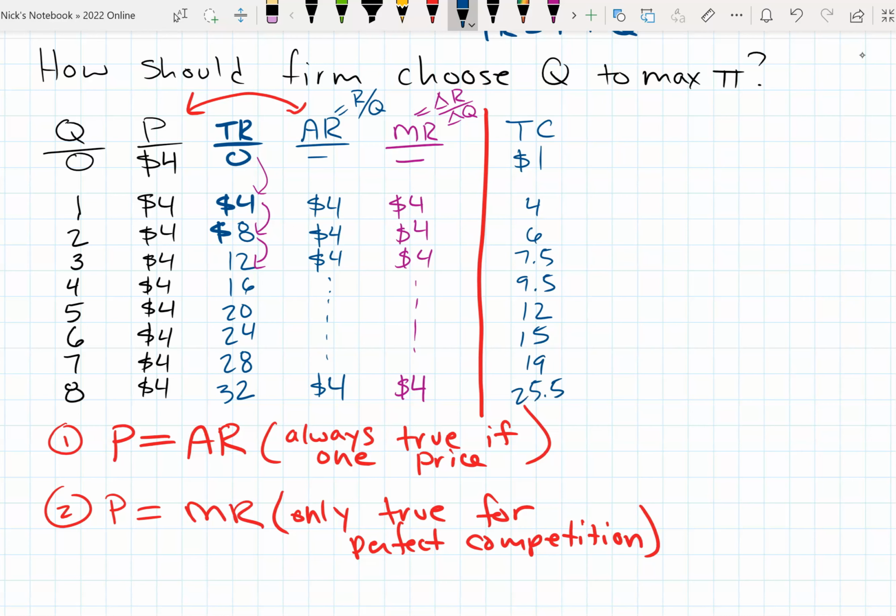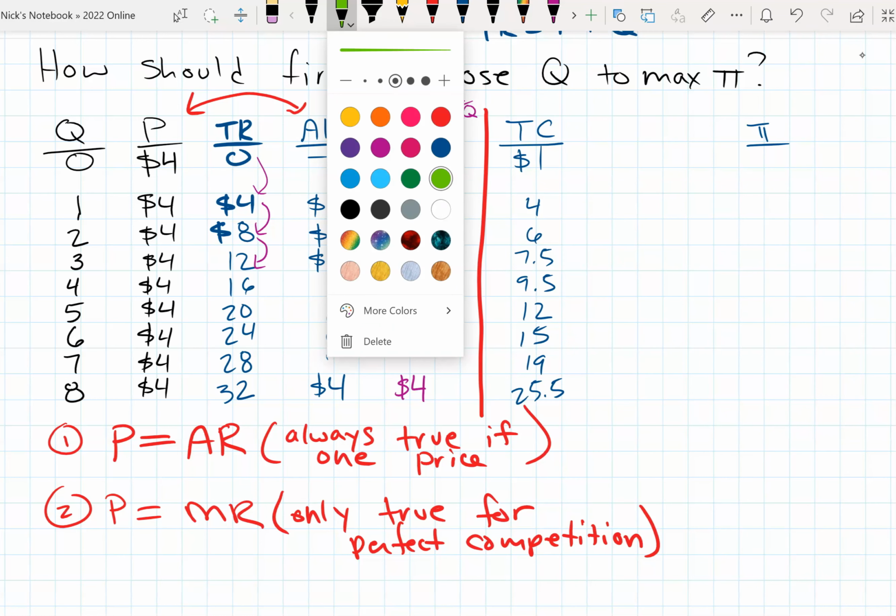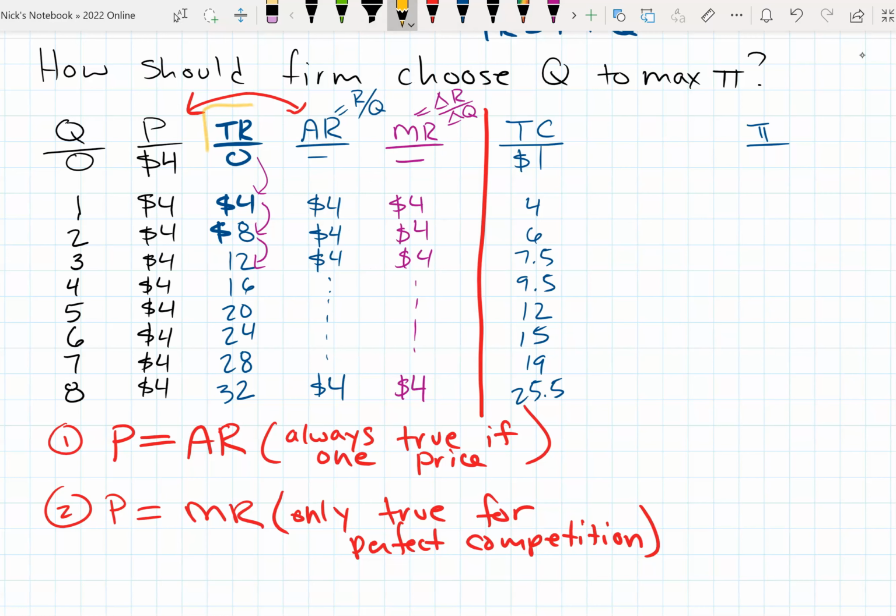We could get our conclusion about our best quantity to sell by comparing total revenue to total cost. We'll do that later on. Then we find the biggest difference, and that tells us the quantity we should do.